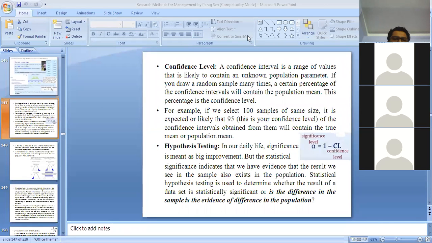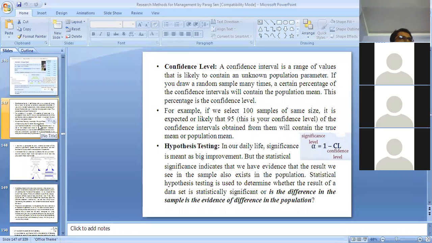This kind of testing is known as hypothesis testing. Okay, so a statistical hypothesis is an assumption about a population parameter. This assumption may or may not be true, but the statistical hypothesis is an assumption about a population parameter.